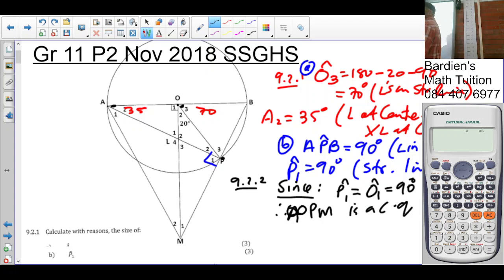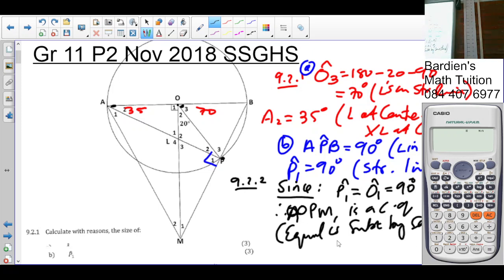Why? Because equal angles subtended by the same chord. The equal angles subtended by the same chord, in this case is called AM. So then, since those angles are equal, that has to be a cyclic quad.